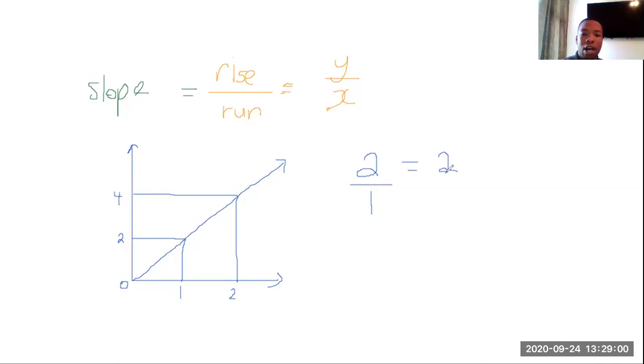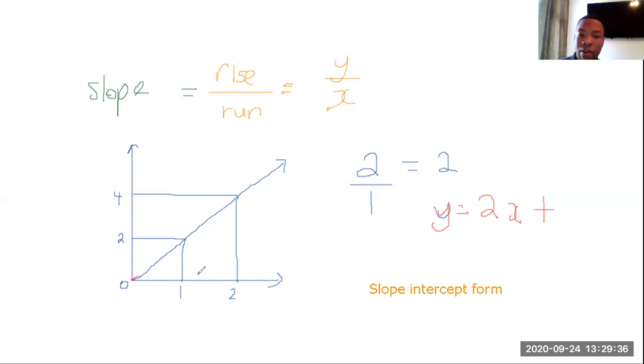If I was going to write this equation in the y equals mx plus b form, which is also known as the slope-intercept form because it addresses the slope and the intercept, then my equation would be y equals 2x, because my slope is 2, and then I put my x back, plus my y-intercept, which is 0.